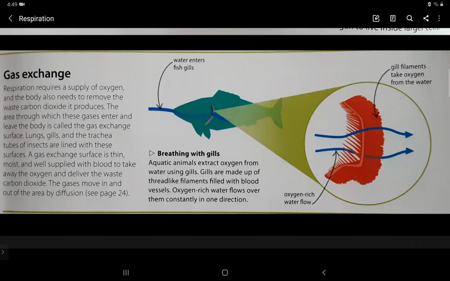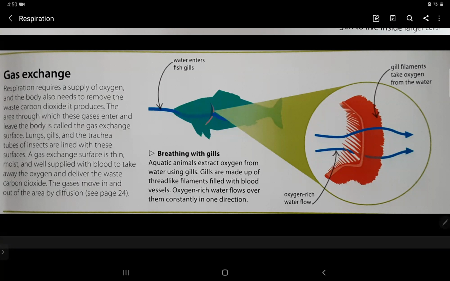Lungs, gills, and the trachea tubes of insects are lined with these surfaces. A gas exchange surface is thin, moist, and well supplied with blood to take away the oxygen and deliver the waste carbon dioxide. The gases move in and out of the area by diffusion.